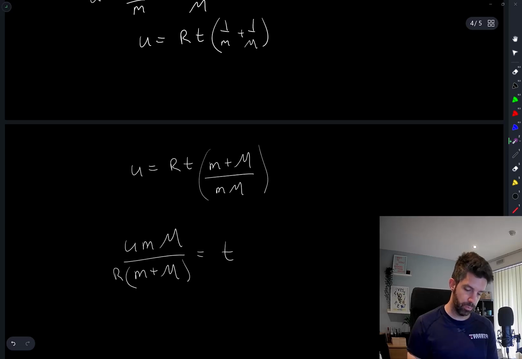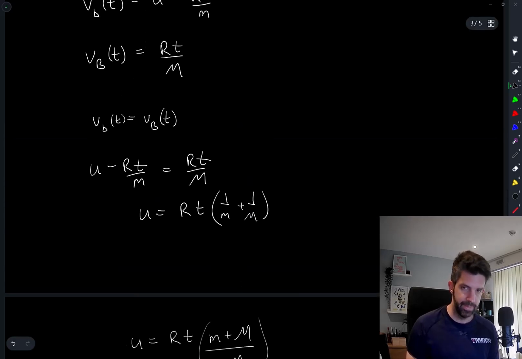So when we do our integration again, we're going to integrate from 0 up to this t. I'll call this t star. This is how long it takes for the bullet to come to rest relative to the block.